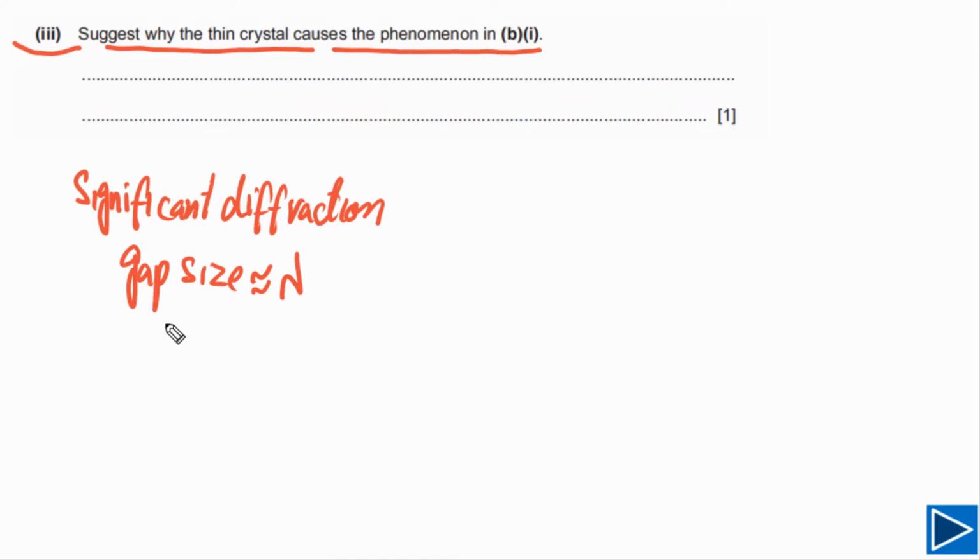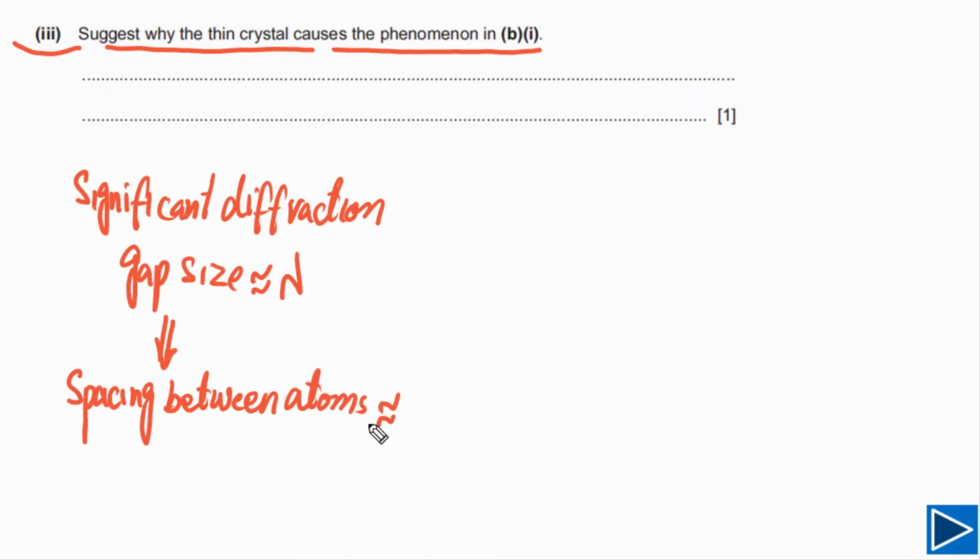Then we observe significant diffraction. So we have to write down the same thing here as well. In this case, gap size means the spacing between atoms, or you can say atomic spacing. If that spacing is approximately equal to the wavelength of the electron, then electron diffraction is possible.